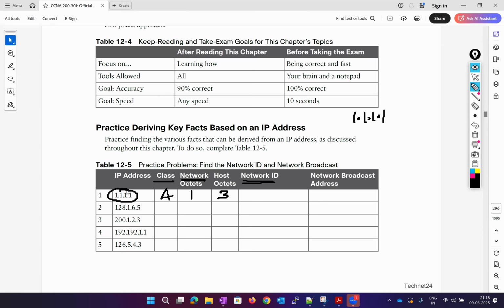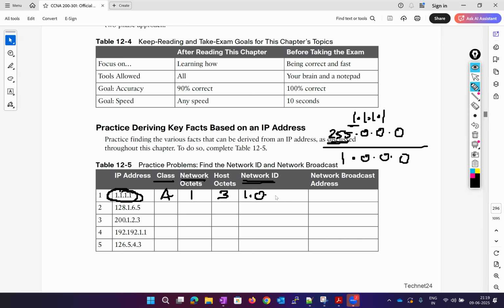We know that this IP address belongs to class A. If it is class A, we know that the default address mask of a class A IP address is 255.0.0.0, right? Now to find out the network ID, as I said, wherever there is 255, copy that octet number as such, and wherever there is 0, write down 0.